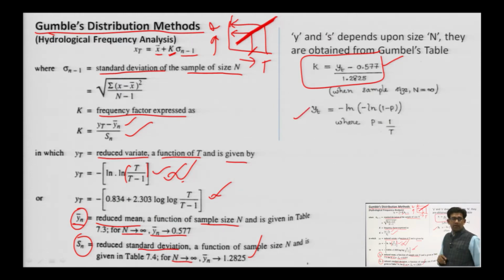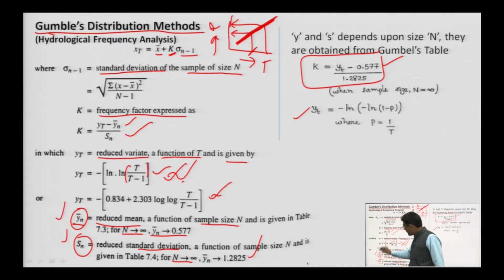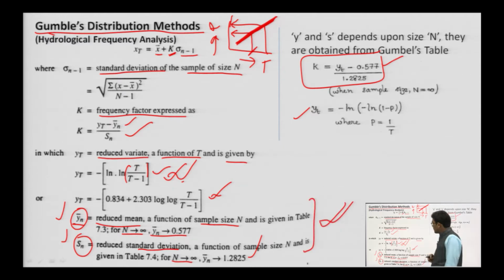Once we have this value and that value, then we can calculate the peak discharge at different time intervals. k is dependent upon the parameters y n and S n, and yt is the parameter of t. So, t will be known to us.